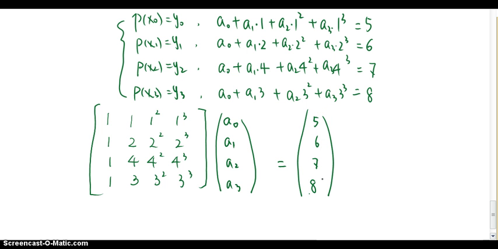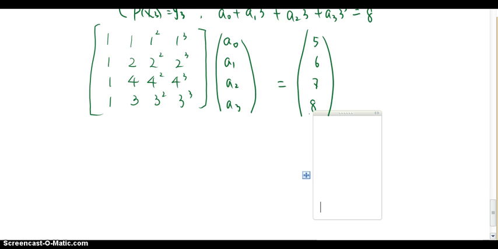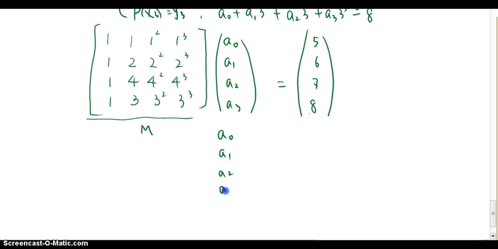So now I hope this looks more familiar to you. This is just a linear system involving 4 unknowns. So how do we solve a0, a1, a2, and a3? If I call this matrix M, then in fact I have a0, a1, a2, a3 is equal to M inverse times 5, 6, 7, 8.